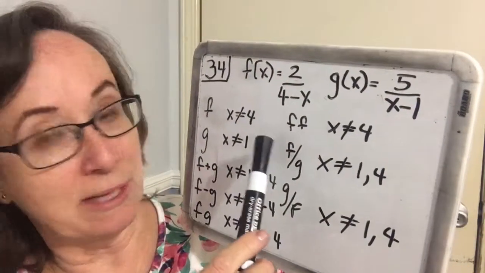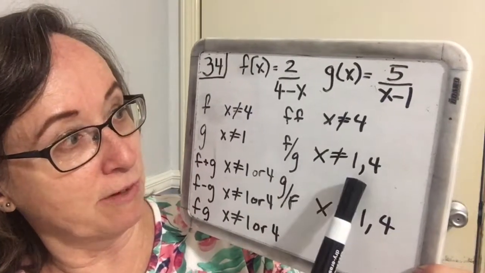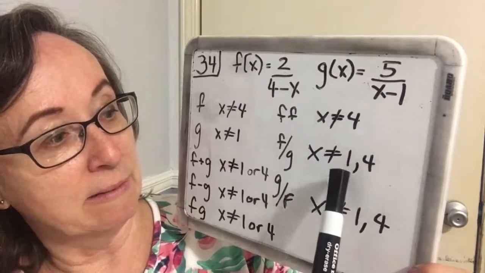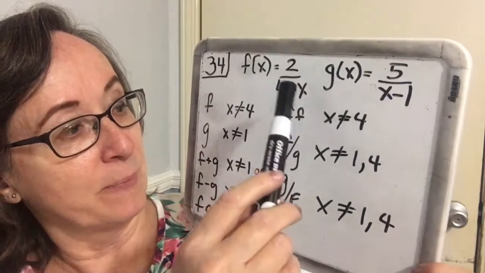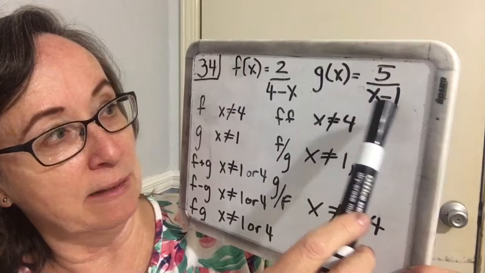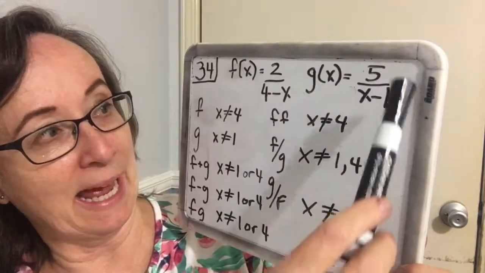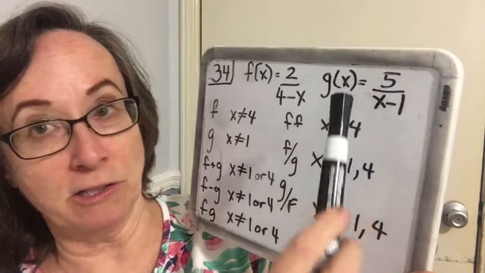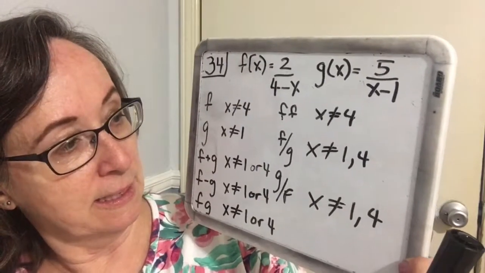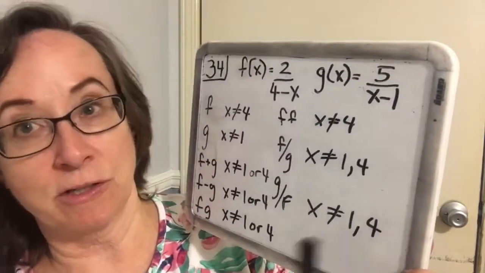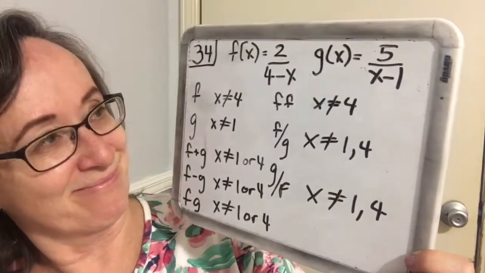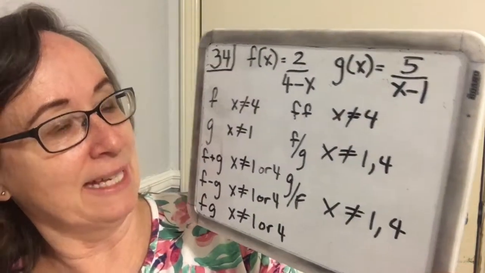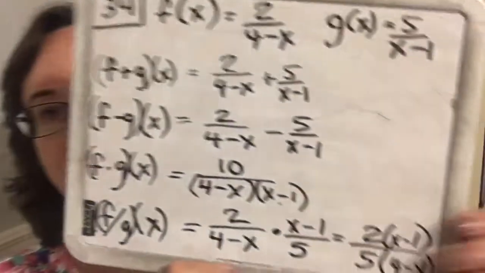But when we go to the f function and the g function, we have to have both restrictions again, because when we divide by g, the whole function cannot go undefined. And so basically we have those restrictions for most of them. So that is the domain chat on those.